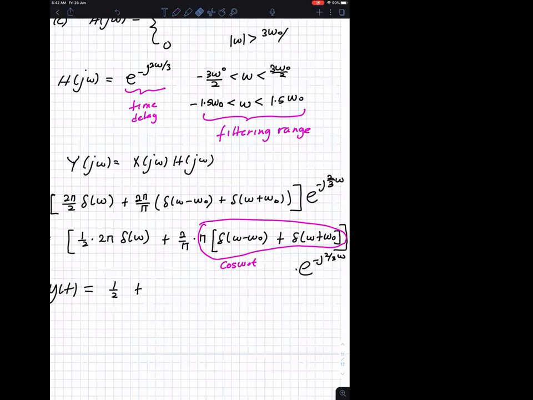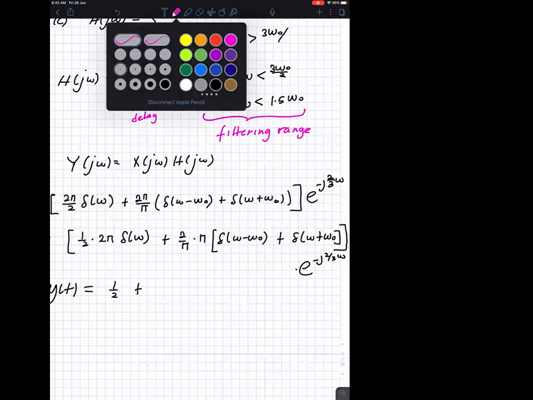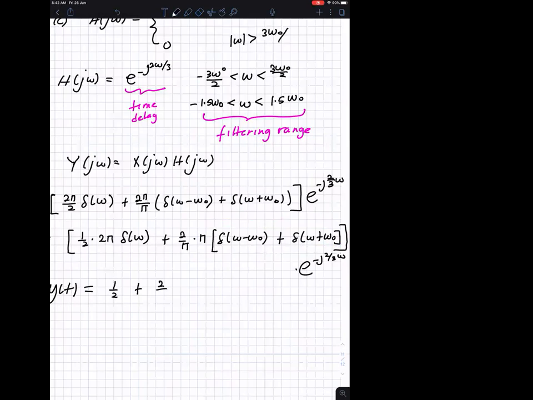So it's going to be 2/pi cosine omega naught t, and then you also have a delay by minus 2/3 seconds.